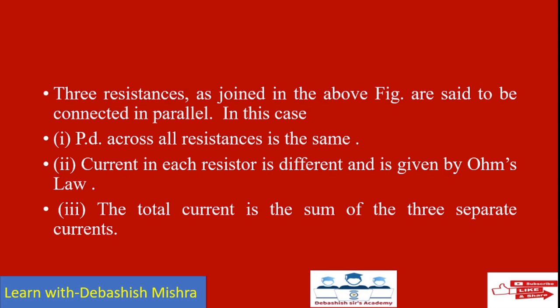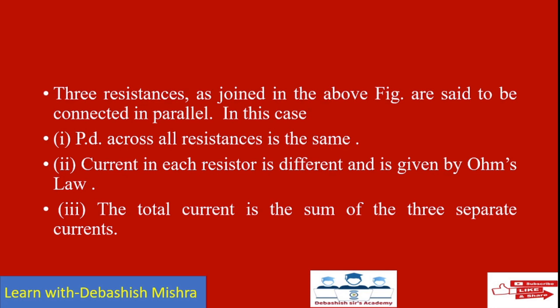In this case, the potential difference across all the resistances is the same. In parallel, voltage is same. In series, current is same. Remember this point. Current in each resistor is different and is given by Ohm's law. The total current is the sum of the three separate currents. The total I is equal to I1 plus I2 plus I3.